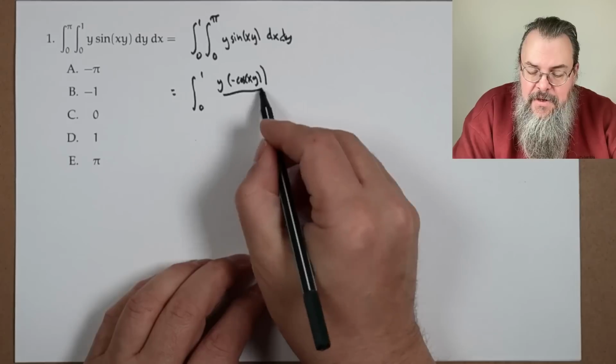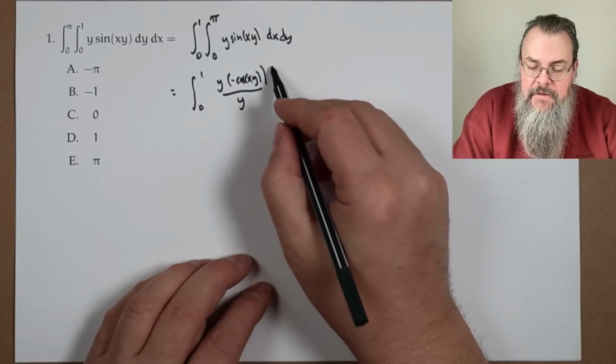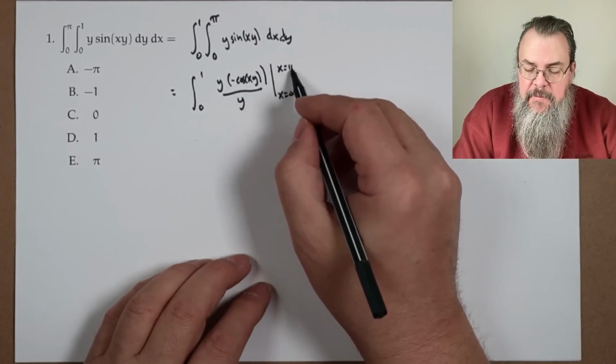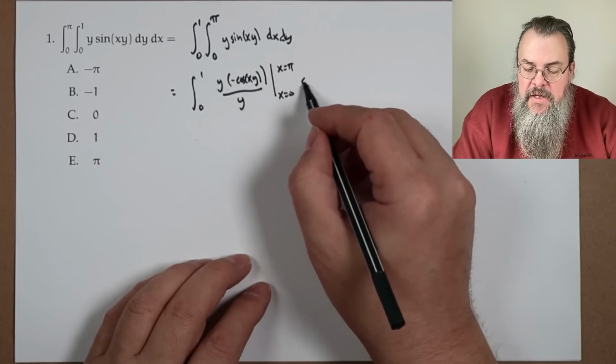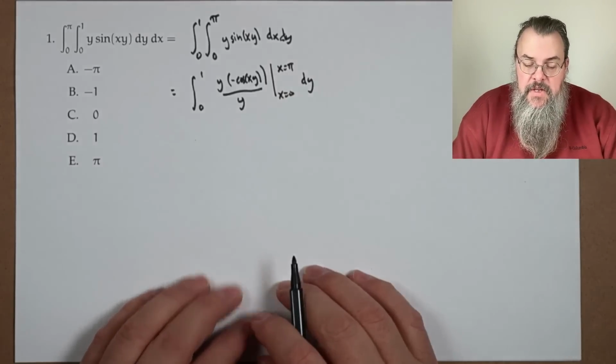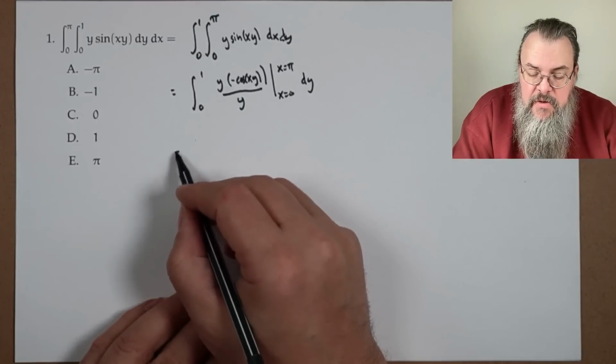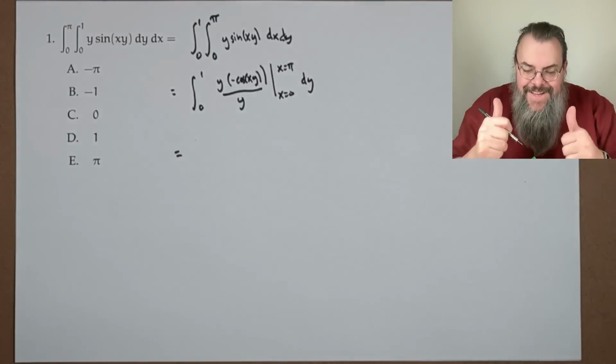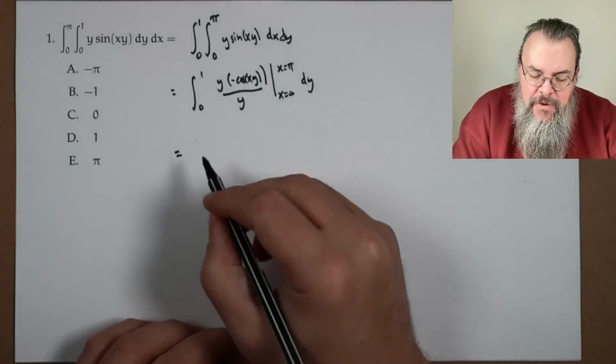So we have to divide by y. And then we're going to evaluate from x equals 0 up to x equals pi, and we're going to then integrate that with respect to y. All right, well, let's see, what does this give us? Well, good news, the y's cancel. All right, and so what do we have?